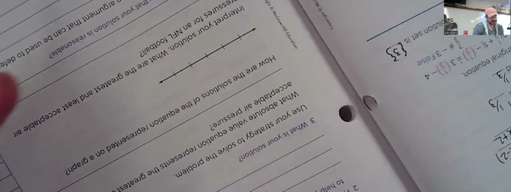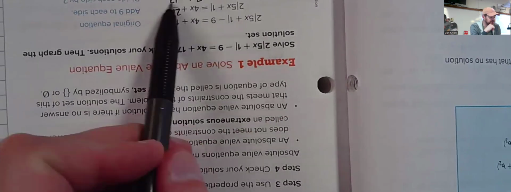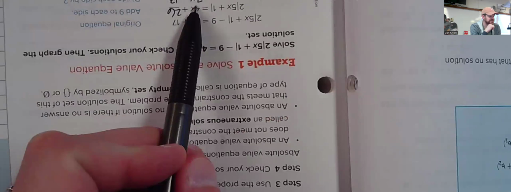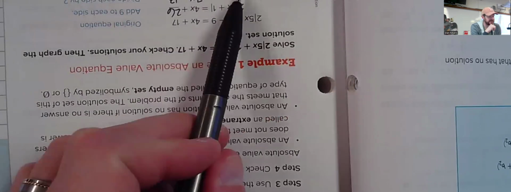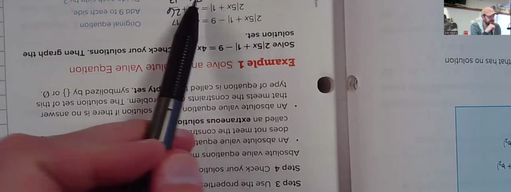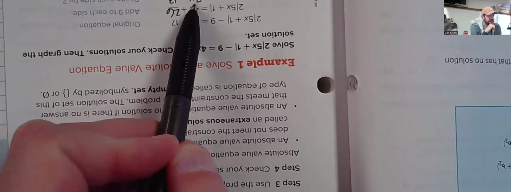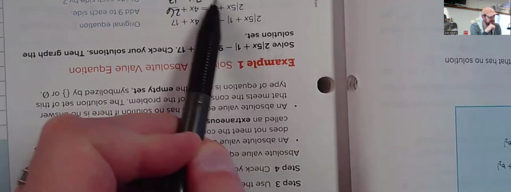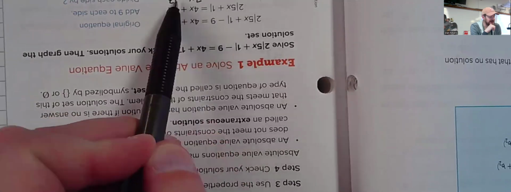There are always 2 possibilities with these, because everything inside the absolute value could equal exactly what it is here, or it could equal the entire opposite of that, because the absolute value could be positive or negative inside of it. The first case is always whatever's in here is exactly equal to that. The second one is whatever's in here is equal to everything opposite of this.